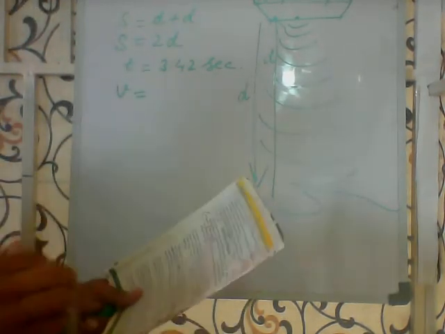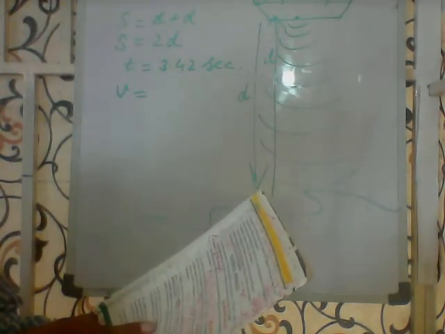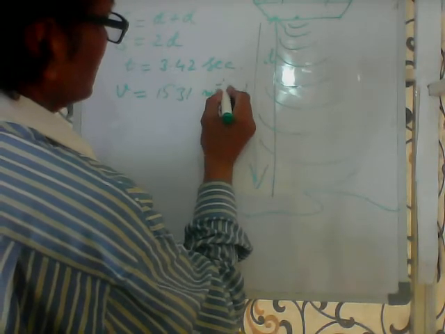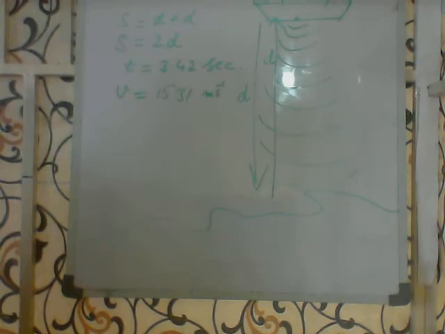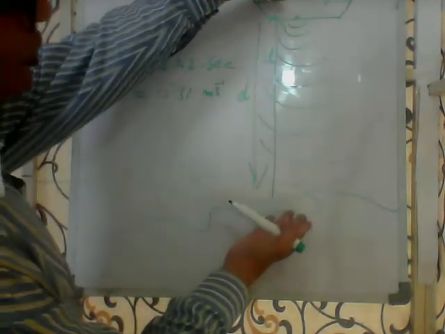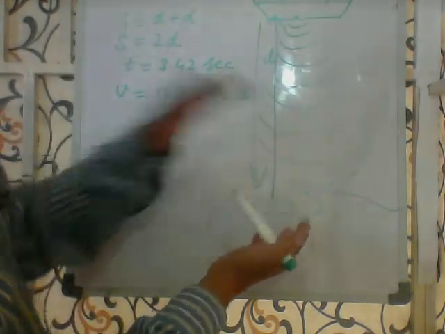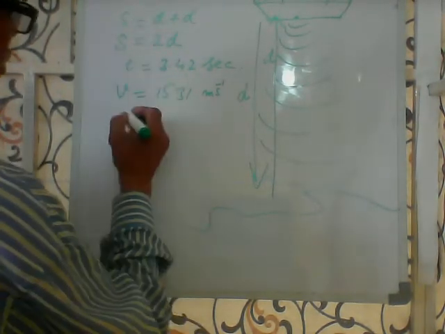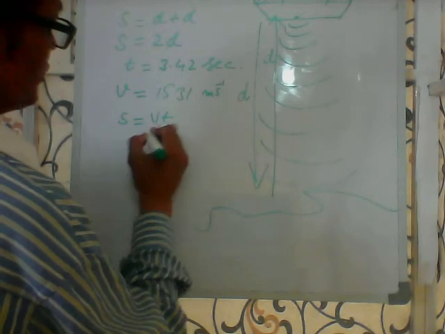And what is the velocity of this ultrasound? And that is given 1531 meter per second. Again the same case, depth is to be calculated. कि नीचे गहराई कितनी है समंदर की उस जगह पे. तो we use the formula s is equal to vt.